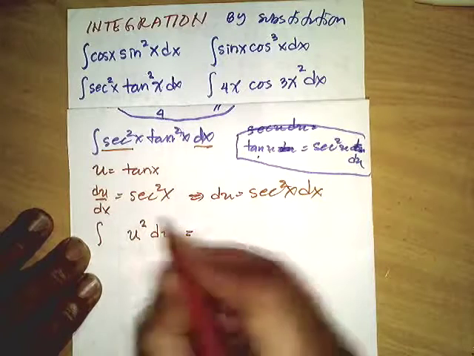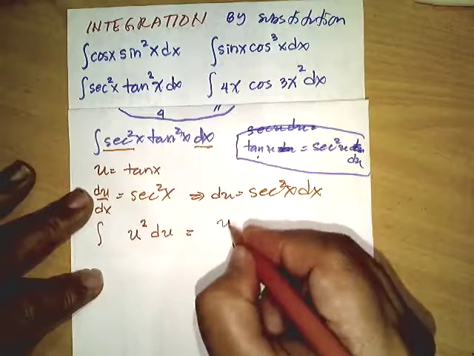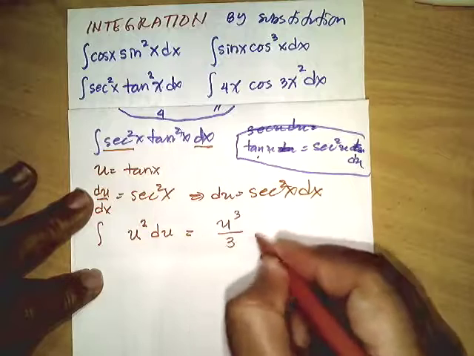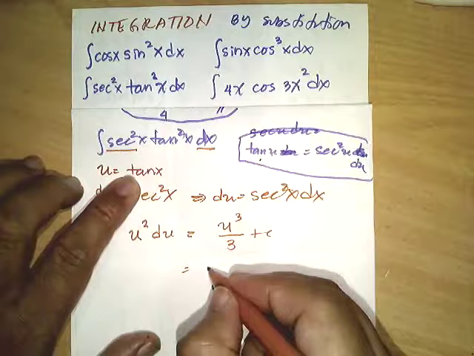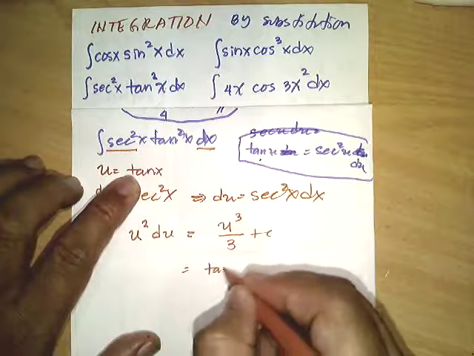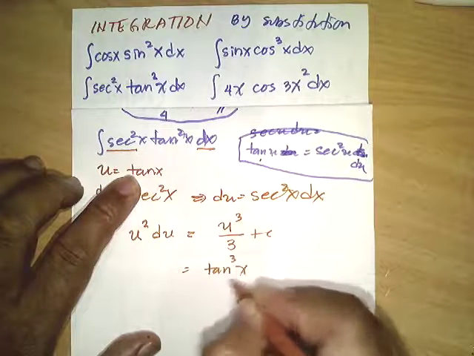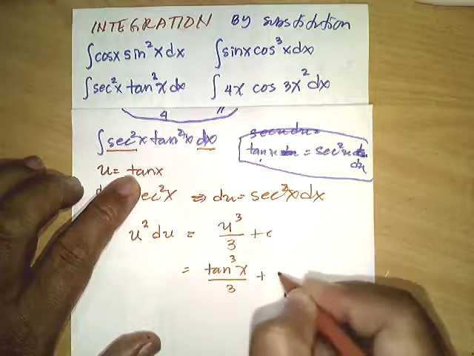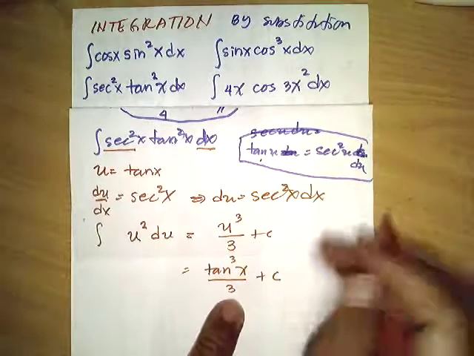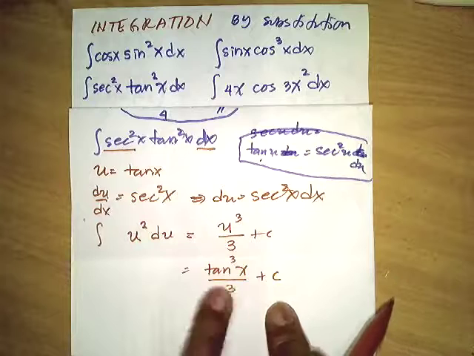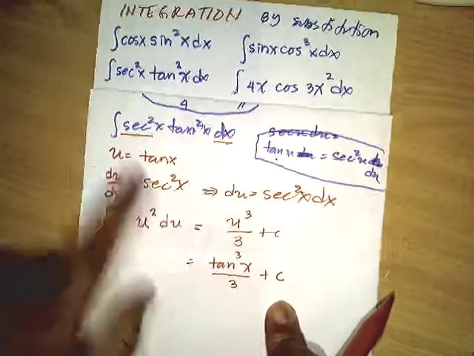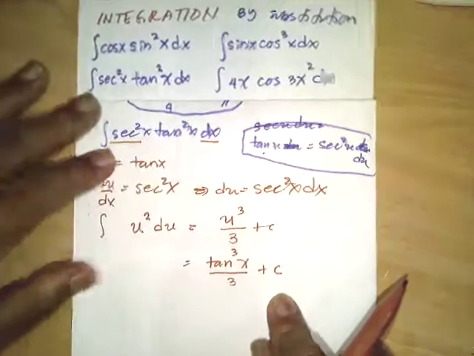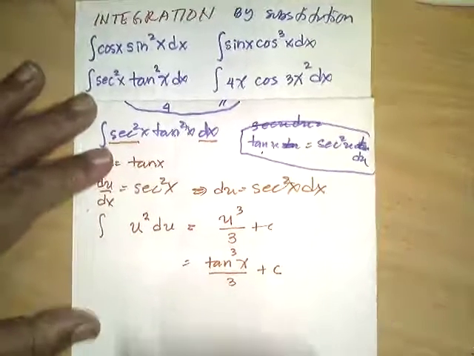Therefore, the integral of this now is equal to u cubed over 3 plus c, or putting back our original u, that is now tangent x cubed divided by 3 plus c. So that is our answer. If you would like to check, just simply take the derivative of this and it will give you this one. Right? Let's try to look at the next example.